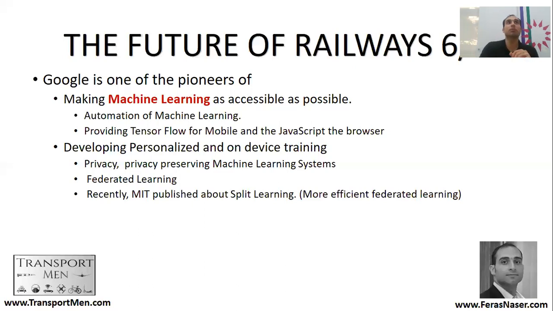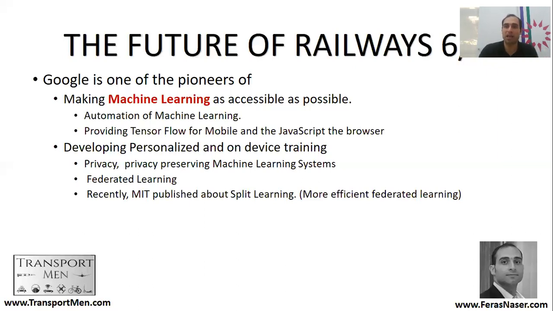But it's not only about machine learning. This is about developing personalized and on-device training. They are focusing on privacy-preserving machine learning systems. And when I was in Seattle, I was introduced to the concept of federated learning. This is about having on-device training instead of sharing your data to the cloud, where the training happens.